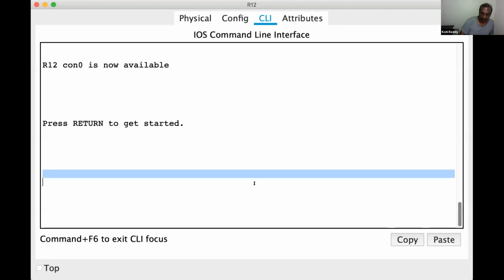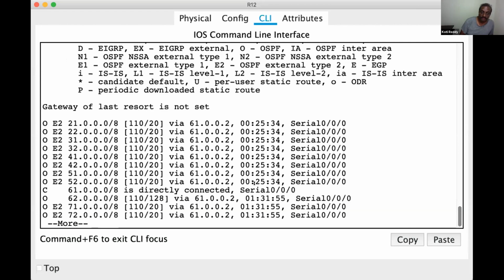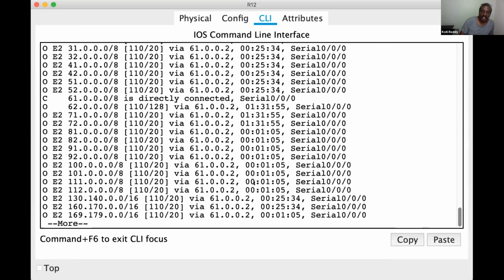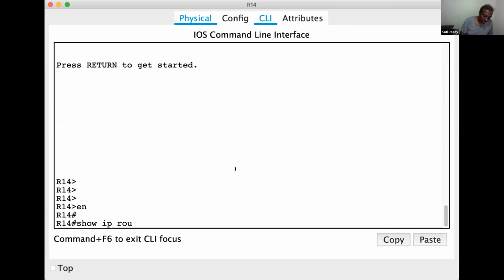So I go to R12. I say enable, show IP route. I should see these routes. I should see the 80, 90 series and all. Even if I go to R14 also, I should see these routes. Enable, show IP route. I should see these routes in the routing table.